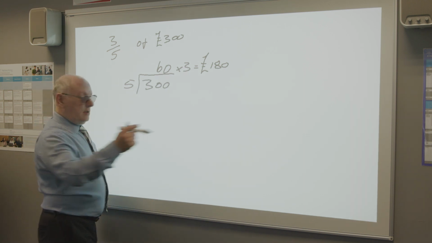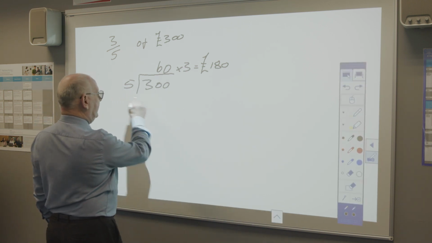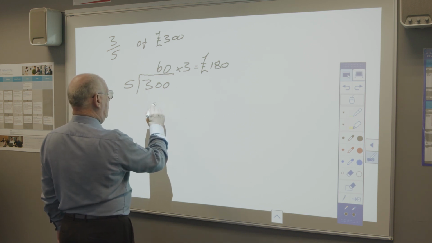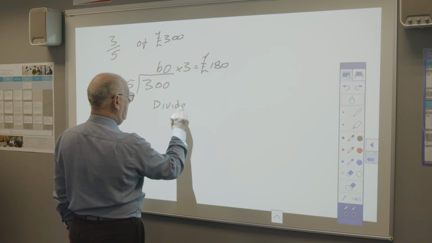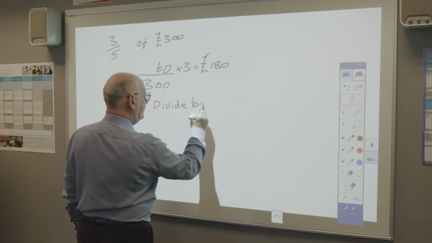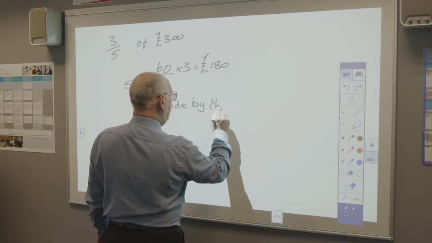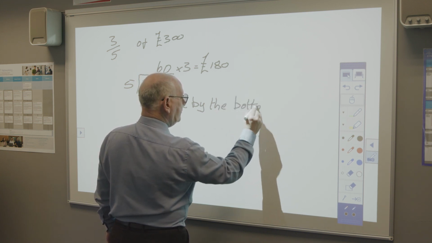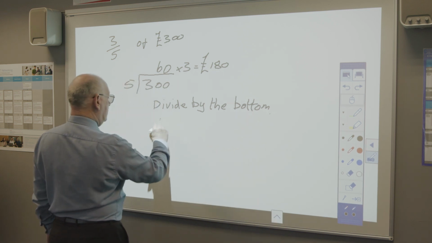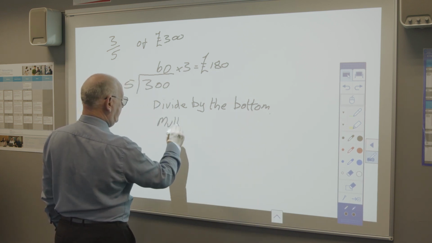So here's a little formula to remember. You divide by the bottom, multiply by the top.